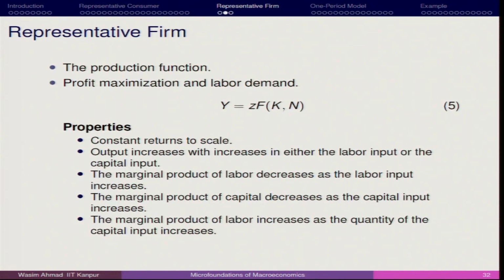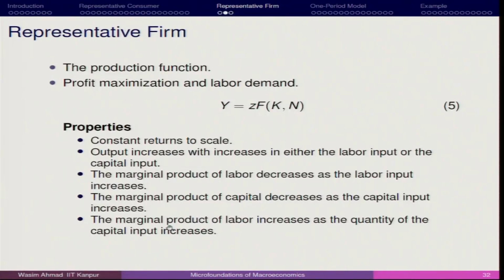Marginal product of labor increases as the quantity of capital increases. This is a good exercise: earlier you were using machinery in a very small amount, more of labor, so labor used to take more time to produce one output. The moment you increase capital and bring machinery, you have a certain level of automation at the very basic level. This labor finds very useful, and this augments the production process.